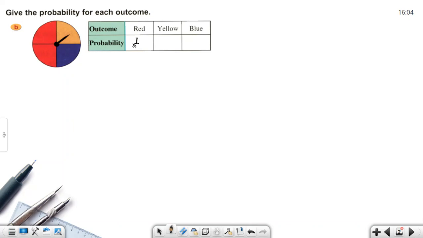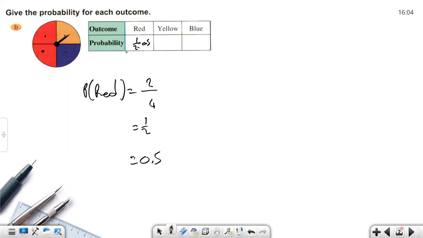So 1/2 or 0.5, so there's a 0.5 chance of landing on red. The probability of red equals 2 parts out of 4 in total, so 2/4. That equals 1/2, which equals 0.5.